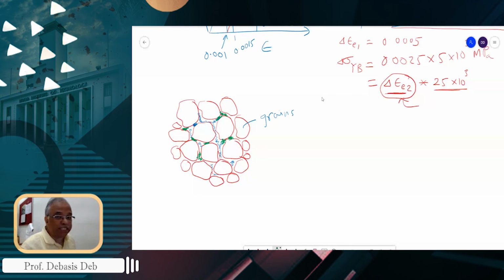Because these grains are connected to each other by this adhesive material, you may call it. Okay, mostly calcium carbonate type of thing or calcium oxides.